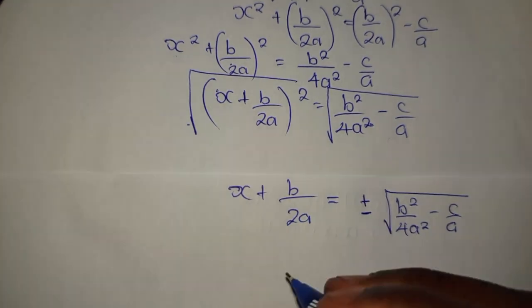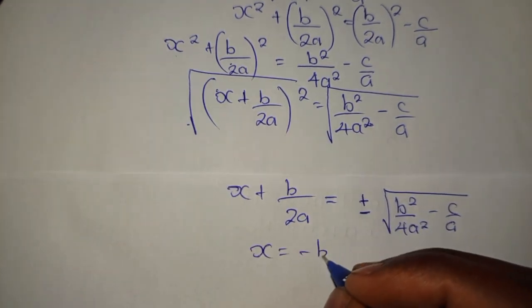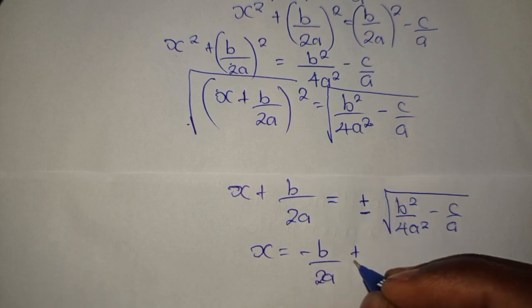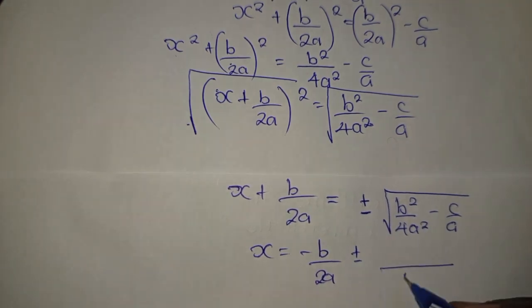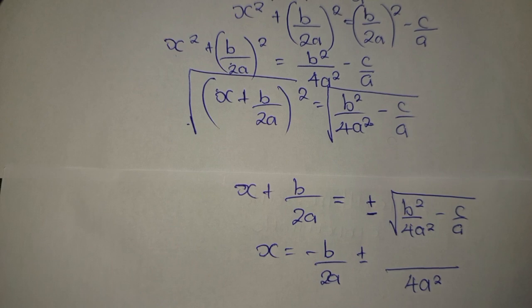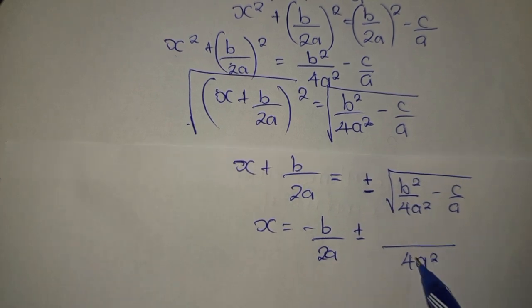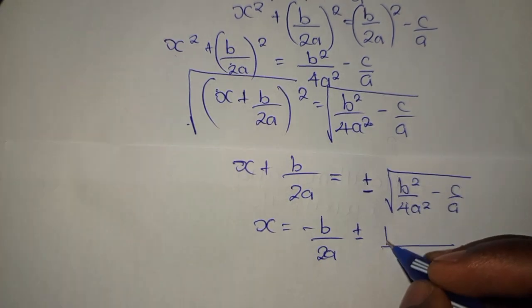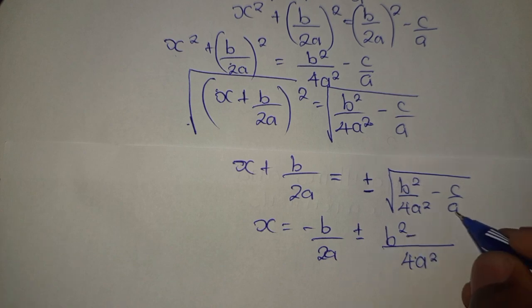So this, we can take it to the other side, and you have x is equal to negative b over 2a, positive or negative, where you know that here the common denominator you have is 4a squared, where 4a squared into 4a squared is 1. 1 times b squared is basically b squared, minus a into 4a squared is 4a. 4a times that is 4ac.